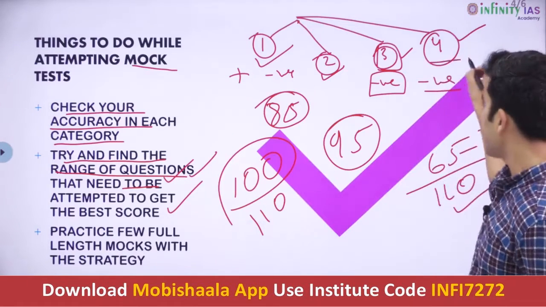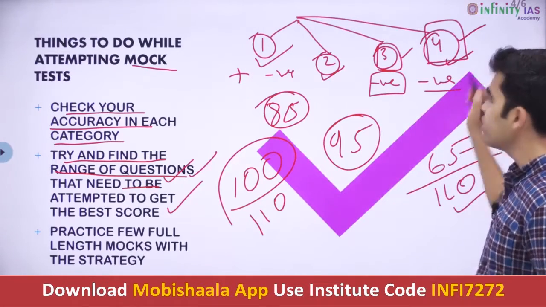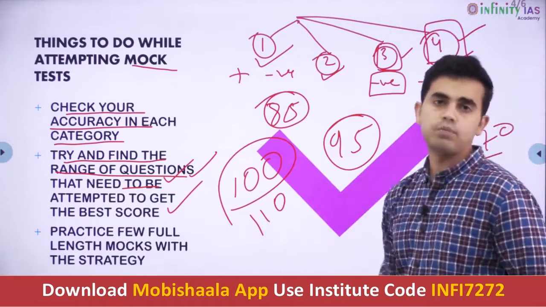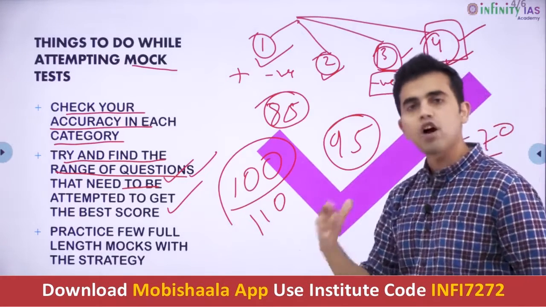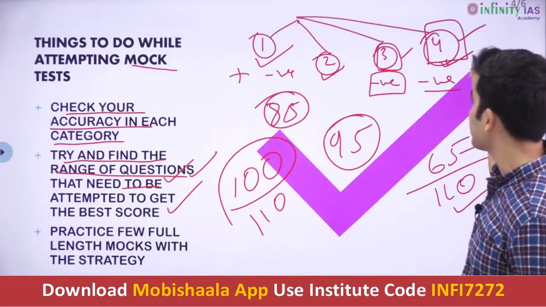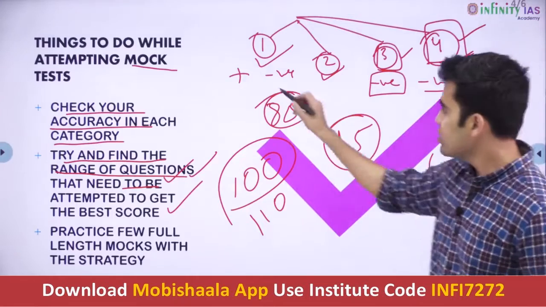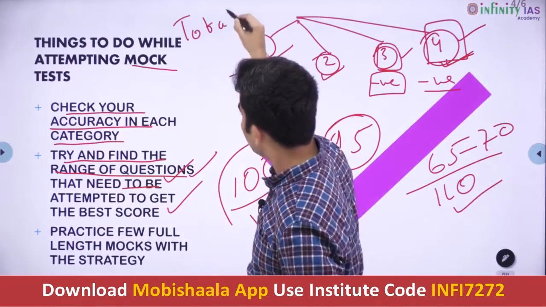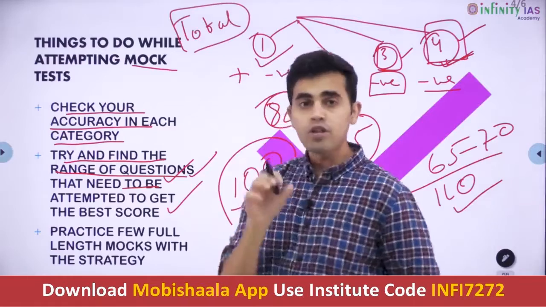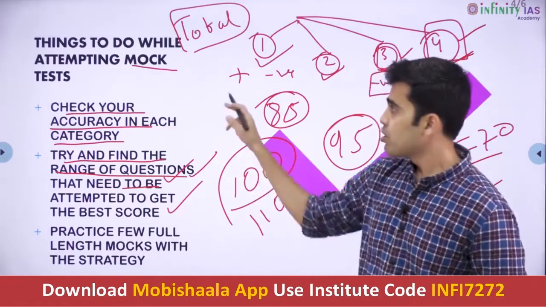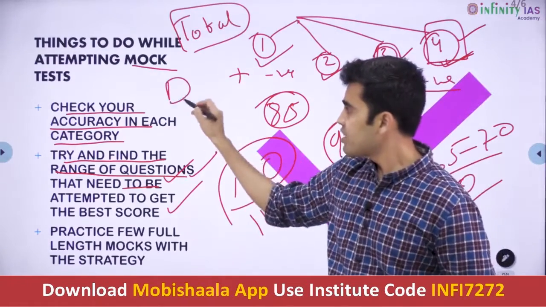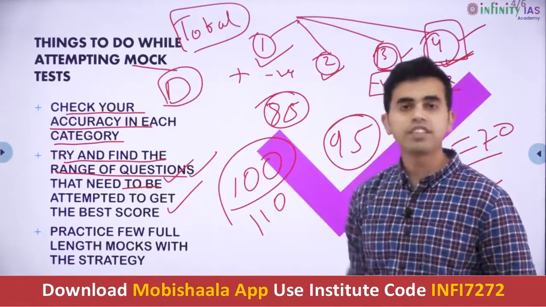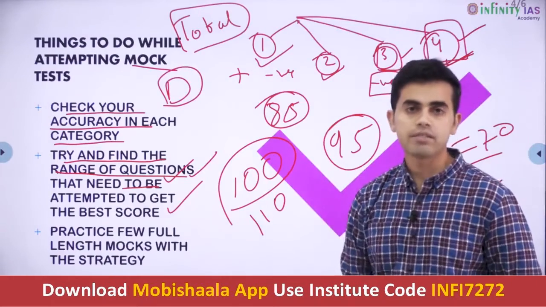And then the fourth category, attempt only if you definitely have to, or if you have a very strong gut feeling that you are going to get it right. This way, calculate the total number of questions that is good for yourself. So derive a strategy based on these calculations in your mock tests.